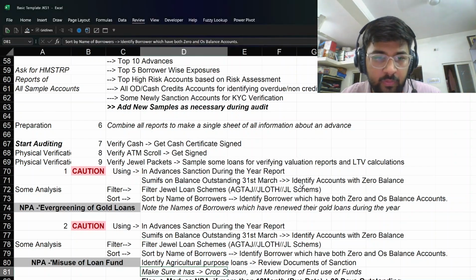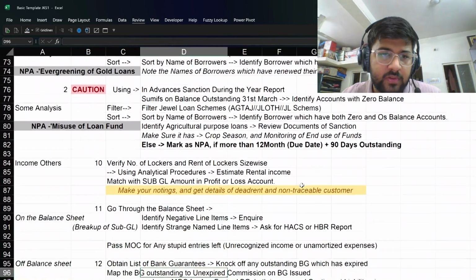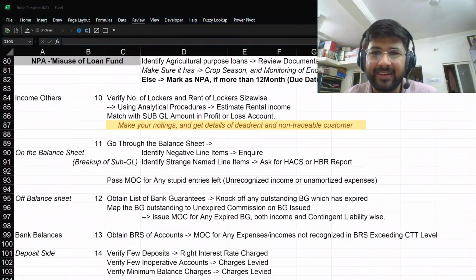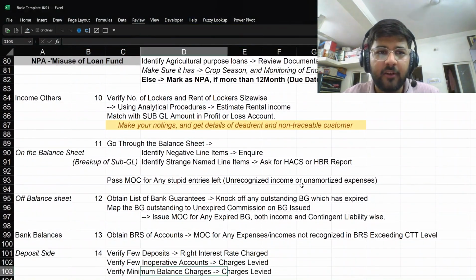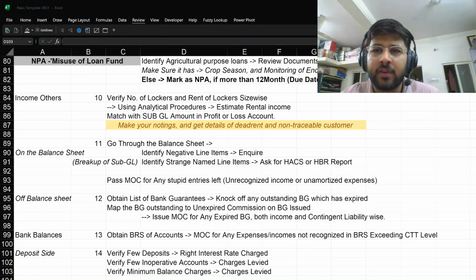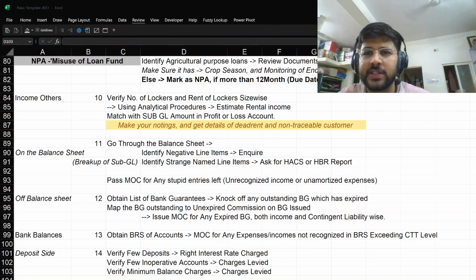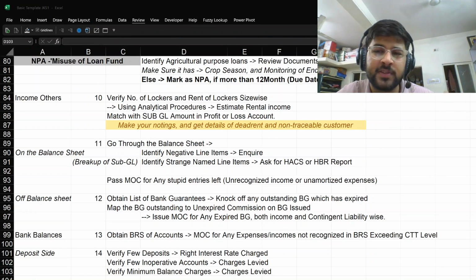Moving on. Now, first I would go through some easier aspects of auditing a bank. First is other incomes. You can go for the locker verification. You can check how many lockers are being used, compare it with your closing register of lockers allotted, and then run some analytical procedures.